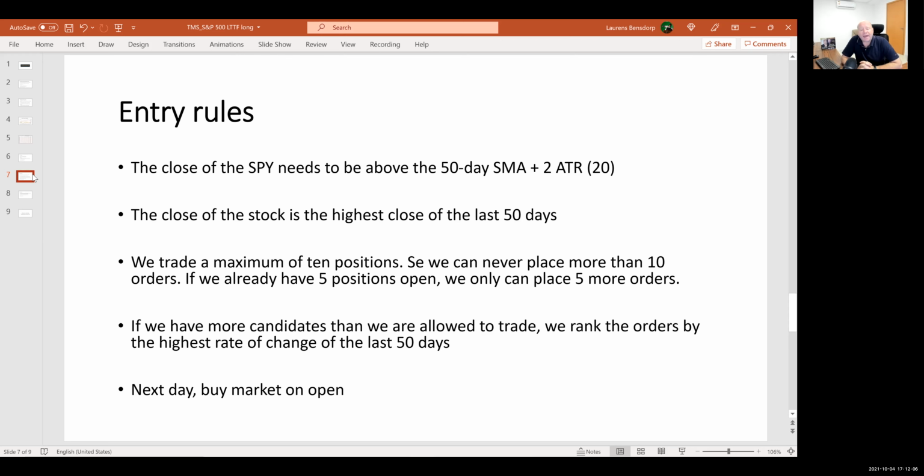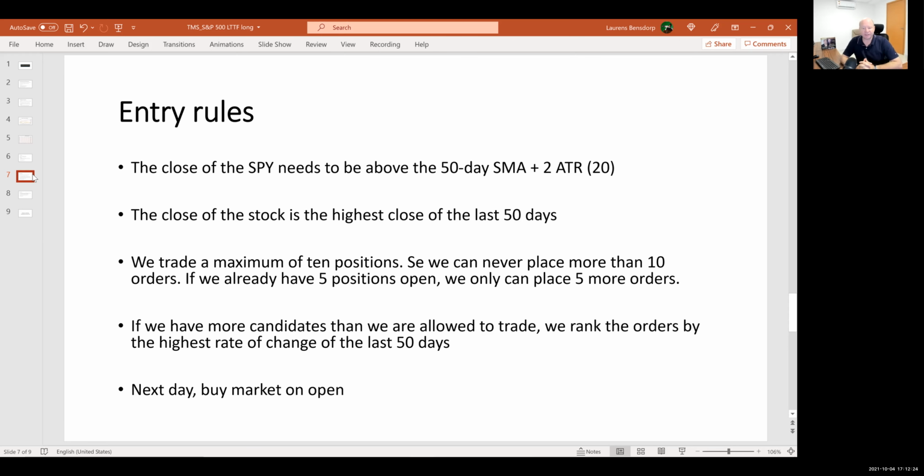So we trade a maximum of 10 positions. So we can never place more than 10 orders. And if we already have 5 positions open, then we only can place 5 more orders. So we can never have more than 10 positions.